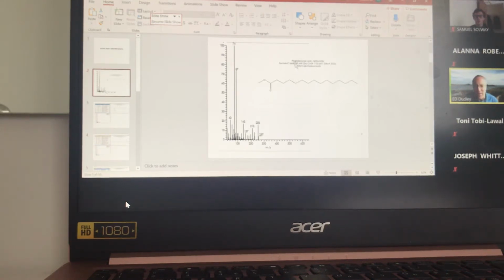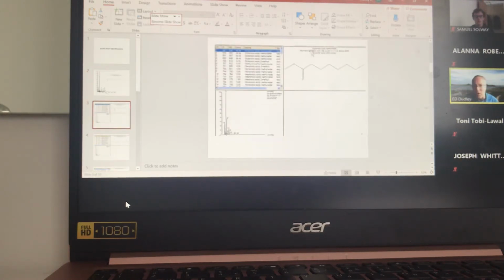So if you take decanoic acid, methyl ester, and throw it at a mass spectrometer, this is the mass spectrum you'll get. If you take octanoic acid, this is the mass spectrum you'll get, and you can zoom in to find what masses you see in this mass spectrum.